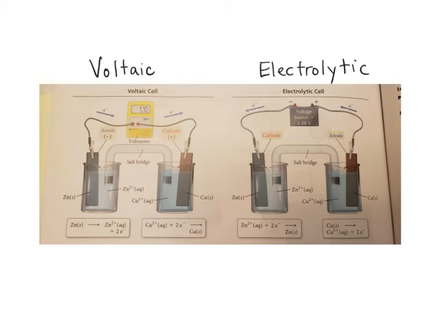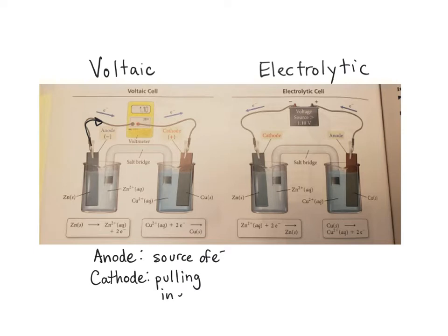Again, with the compare and contrast here, I want you to notice on a voltaic cell, the anode is the source of electrons. That's where they're coming from, that's where they're leaving. And the cathode is pulling in electrons to itself. So it's pulling the electrons in this way.